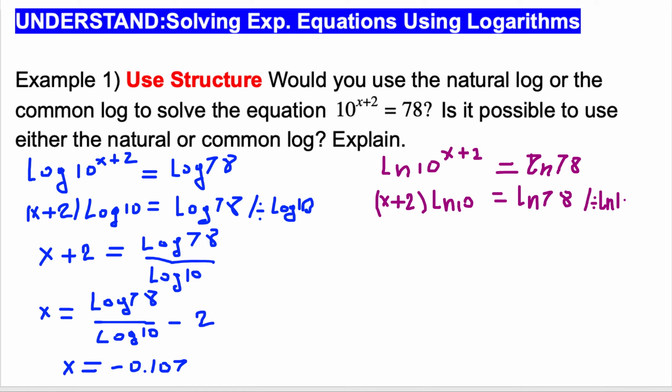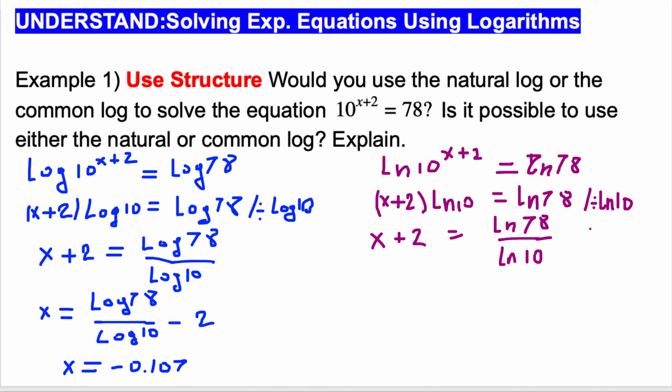When we divide everything by ln 10, x plus 2 is going to look similar to the situation we had before. x plus 2 is going to be equal to ln of 78 divided by ln 10.